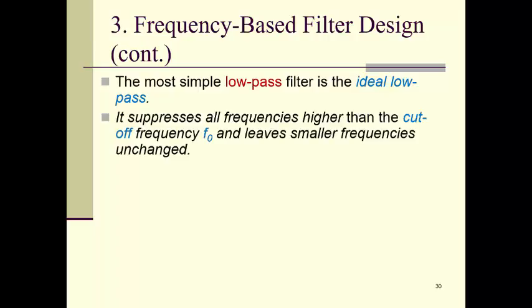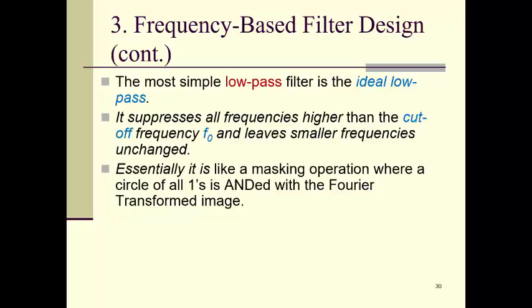This type of filter cannot be implemented in real life. Okay? We don't have this kind of sharp edges, but we may have some other types of filters as we see. So here we say that it suppresses all frequencies higher than the cutoff frequency and leaves smaller frequencies unchanged. Essentially, it's like a masking operation where a circle of all ones is multiplied with the Fourier transformed image, something like this.